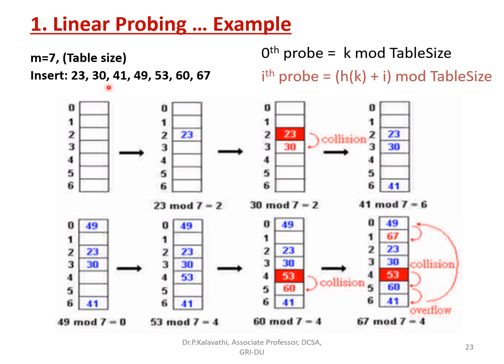Next we have to insert the value 30. 30 mod 7, the remainder is again 2. We have already inserted 23 in location 2. Now we cannot insert 30 in the same location. Here there arises a collision. Now we have to go for the next probing, that is the first probing.